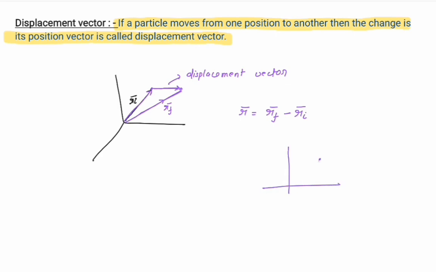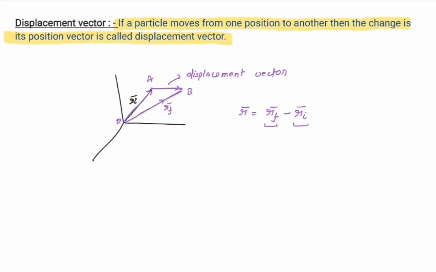When we draw the line from the origin to that point, this is called the position vector of that point. Similarly, initially the point was at A, then OA will be its position vector. After the movement, the point reaches B, then OB will be the new position vector. How to find the displacement vector? The final position vector minus the initial position vector.